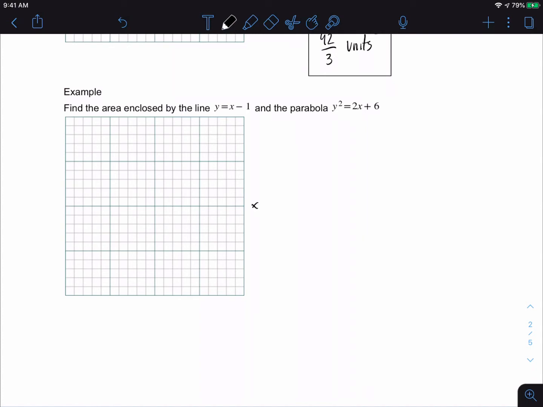So this is my x-axis, here's my y-axis, and y equals x minus 1 is going to be this guy. See if I can draw this well. Good enough.